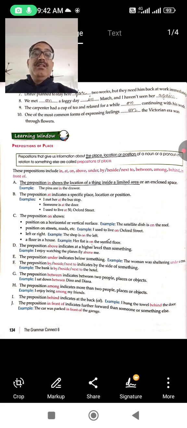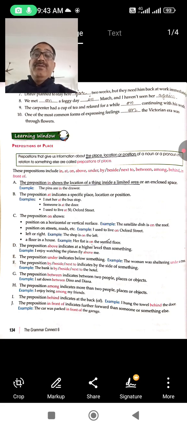For example, the woman was sheltering under a tree. Rule E, the prepositions by, beside, next to indicate by the side of something. For example, the bank is by, beside, next to the hotel. You can use by, you can also use beside, and you can also use next to in this sentence.